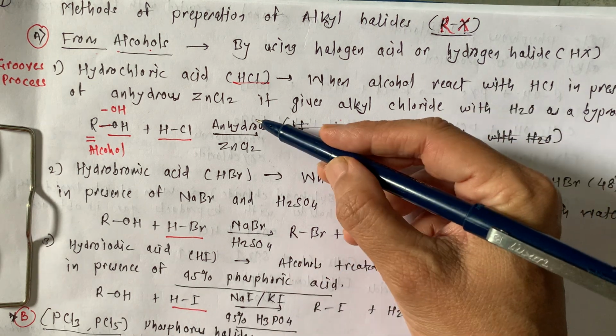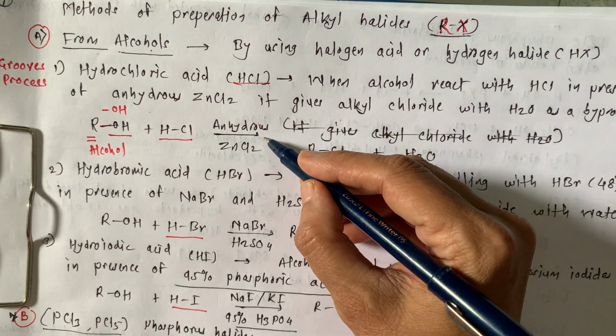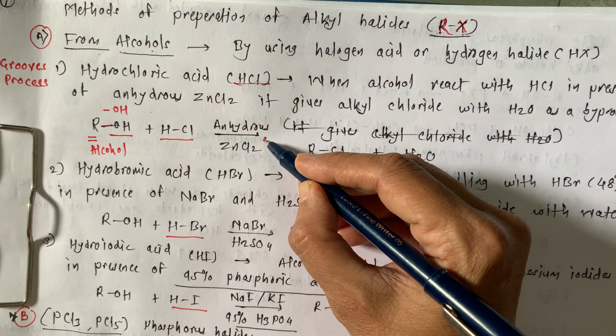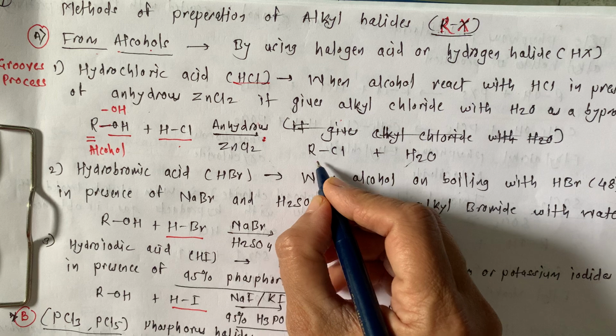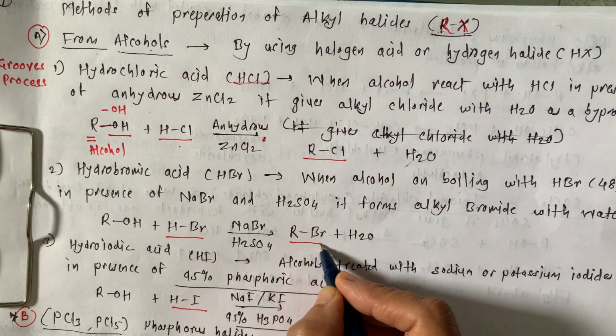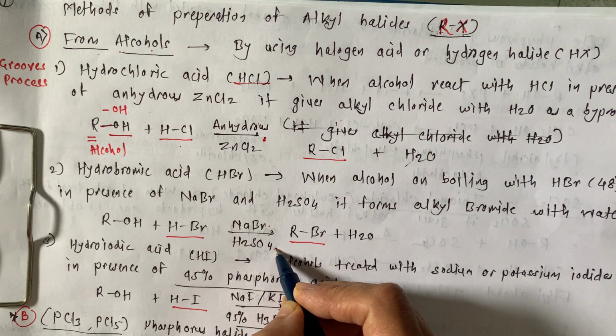But for all these three reactions, the important thing is that the reagents are different. If anhydrous zinc chloride is present with hydrochloric acid treated with alcohol, then we get RCl. If we want RBr, then the reagent is sodium bromide in presence of H2SO4.